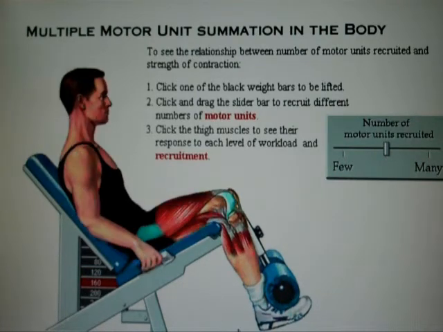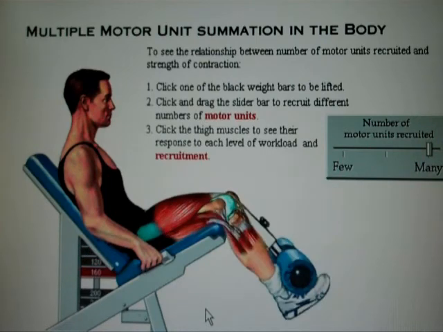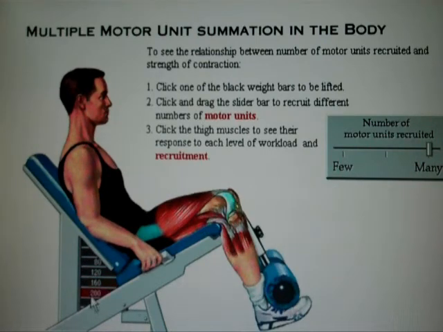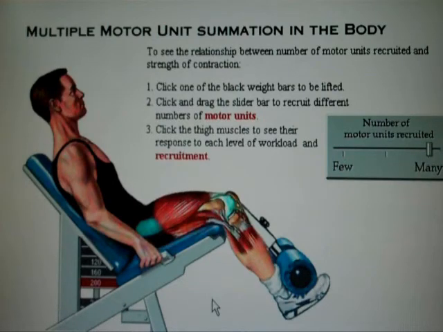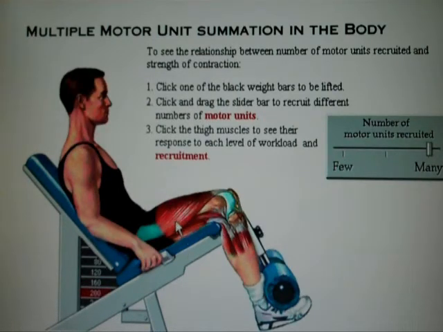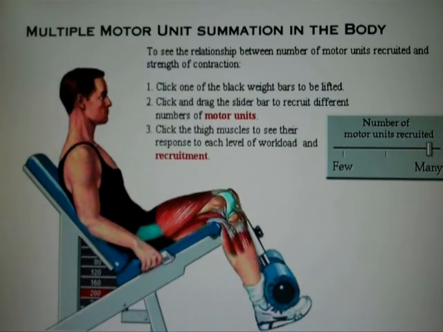We increase the weight to 160, now we have to use many motor units because it's a much heavier weight. But look at what happens when we get to 200. Even though we're using most of our motor units, the weight might be too great for us to contract the muscle. So at some point, we might not be able to lift the weight even though we're recruiting our maximum number of motor units.